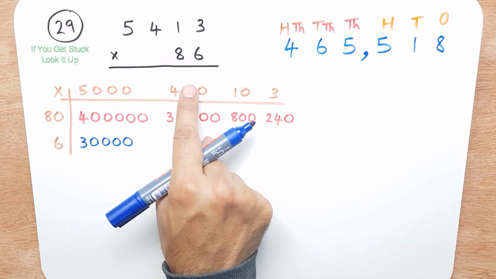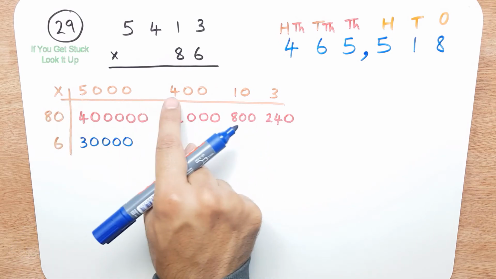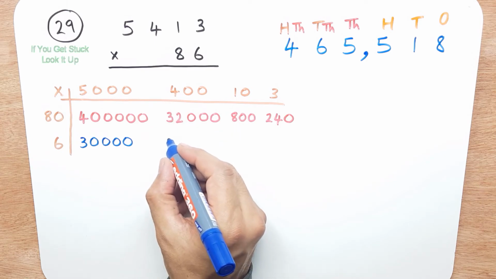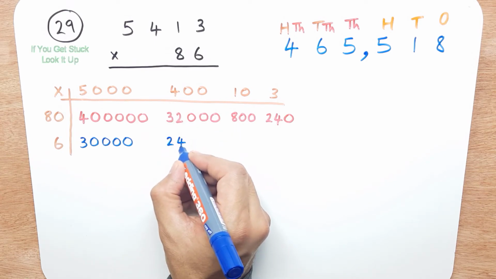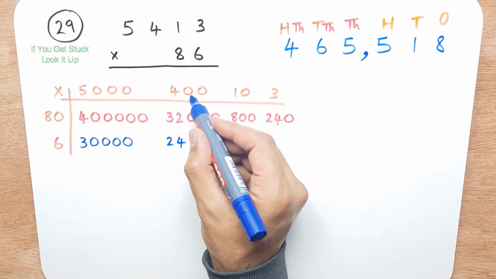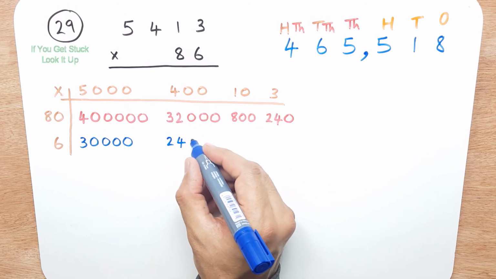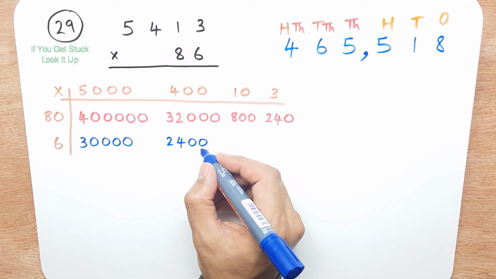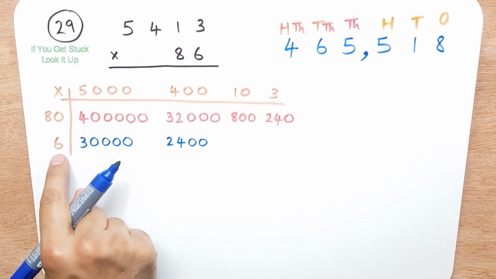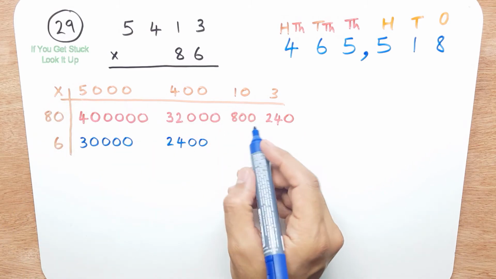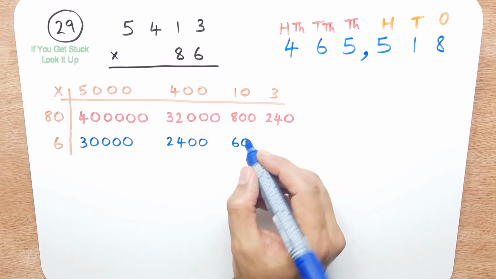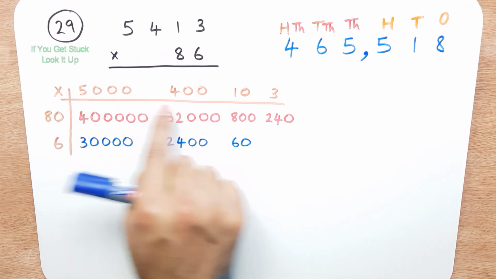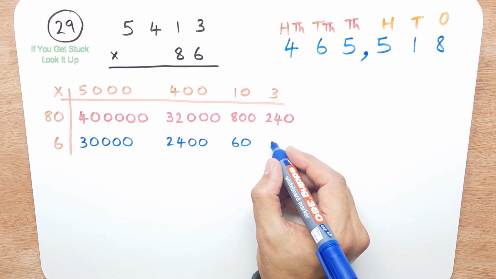Hide these 2 zeros. So I do 6 times 4, which I know is 24. And then I bring back 2 zeros. And then it's 6 times 10, which is 60. And finally 6 times 3, which is 18.